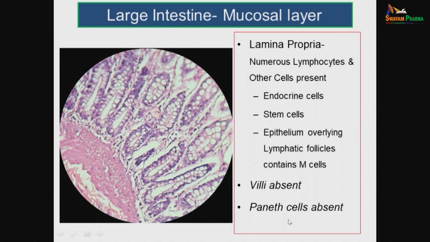So, this is what differentiates a large intestine from a small intestine in microanatomical features: absence of villi, absence of mucosal folds, and absence of Paneth cells. The mucosa is smooth with crypts of Lieberkühn or tubular glands, and in the tubular glands we see many cells which are like any other cell in the rest of the intestine.